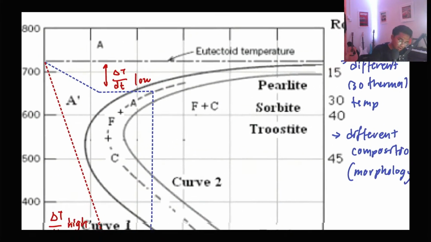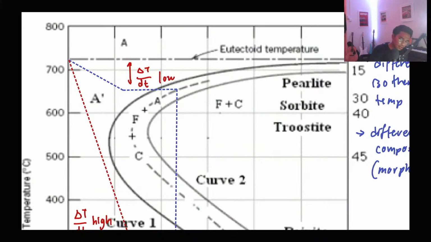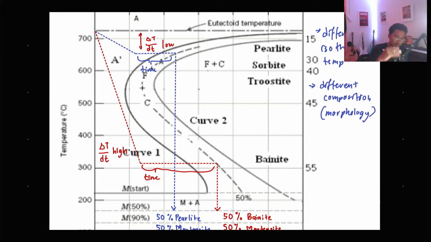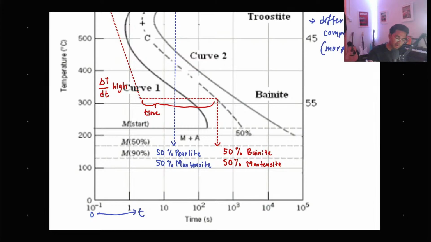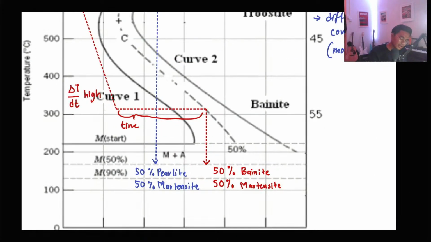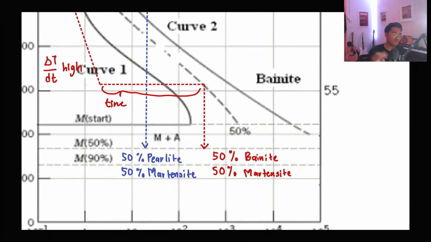The length here is the time. If you keep the isothermal temperature longer, you would have a different percentage of that composition. If you keep the isothermal time shorter, you would also have a different percentage of the composition.